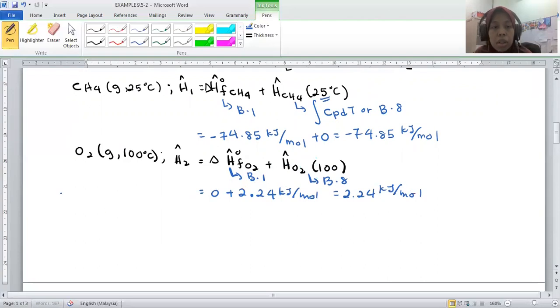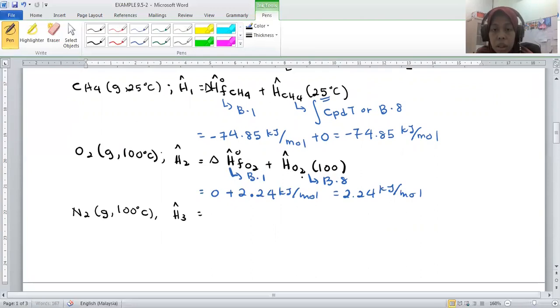Okay. So now we move to the next substances, oxygen and nitrogen. Nitrogen in the gas at 100 degrees C, H3. Using a similar equation as just now, the formation of nitrogen is also 0.